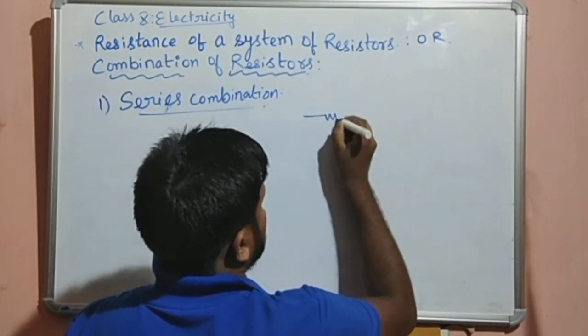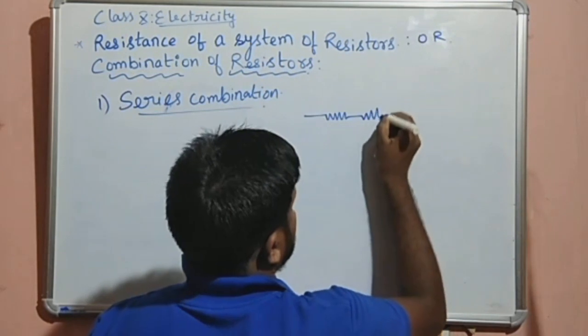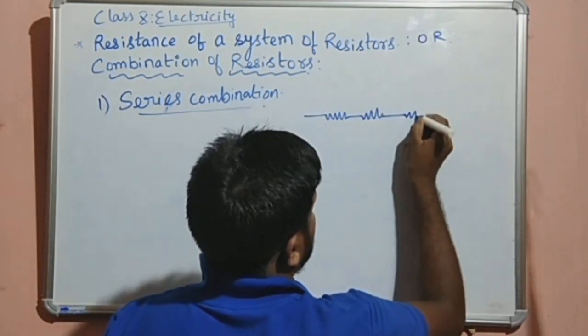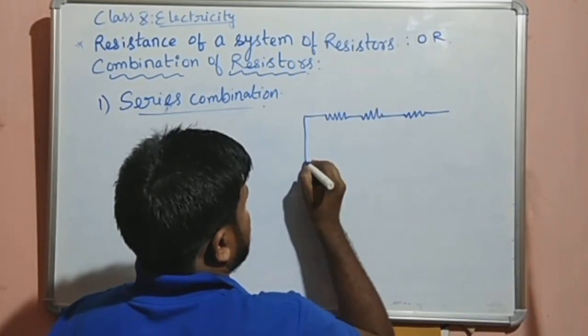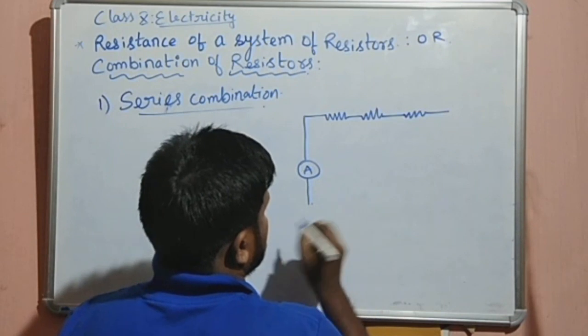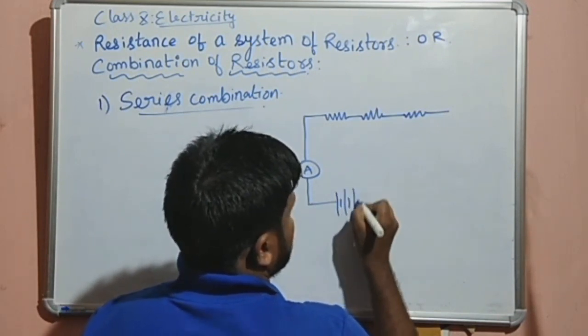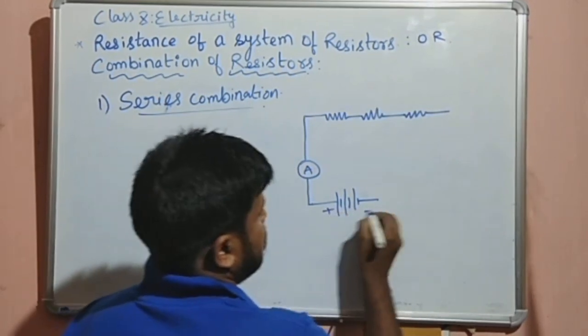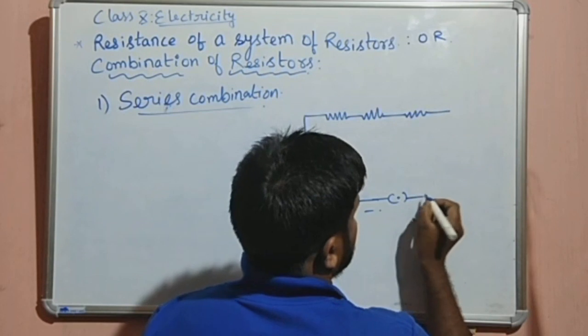First of all, we will connect three resistors, in which, suppose an ammeter is there, a V volt battery, a switch or key.